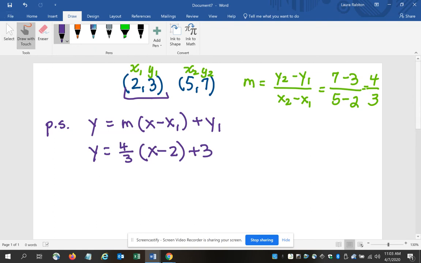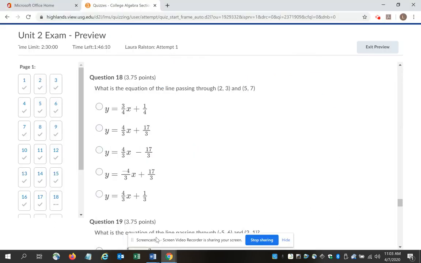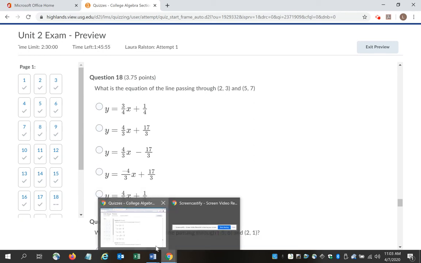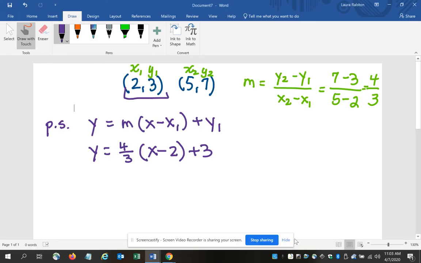And again, if I go back and look at my answers, they're all in slope-intercept form. I also should be able to narrow my answers because there are only 3 of them where you have a slope of 4/3. So I could at least narrow it to those 3 options if it came down to me guessing.